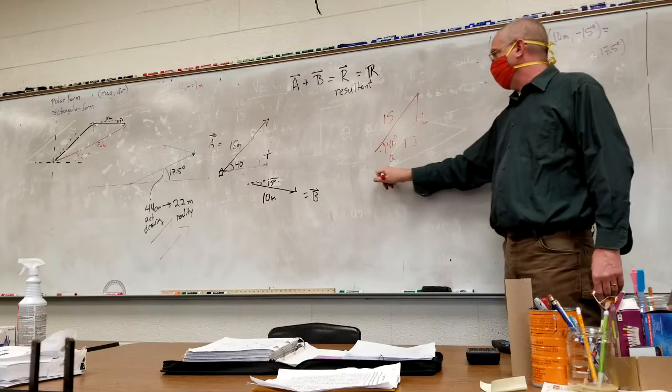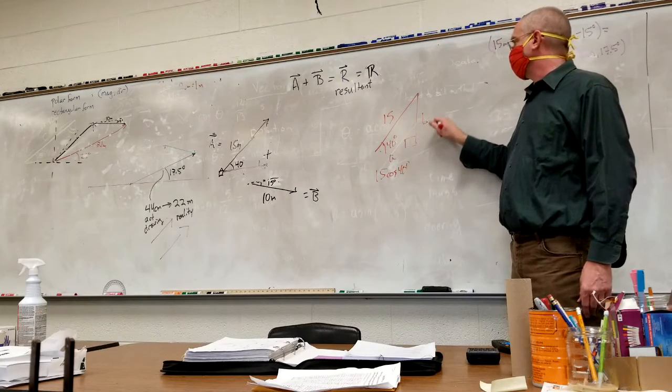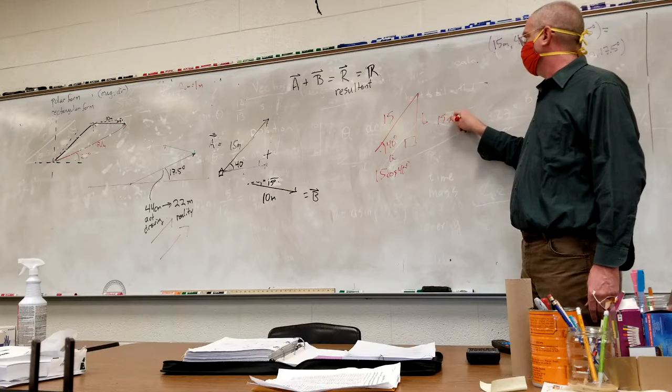Well, the adjacent side is 15 times the cosine of 40 degrees. The opposite side is 15 times the sine of 40 degrees.